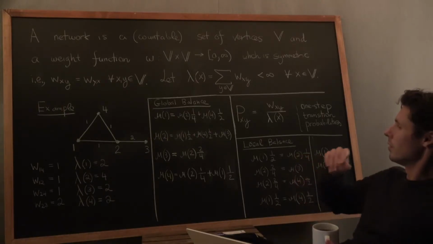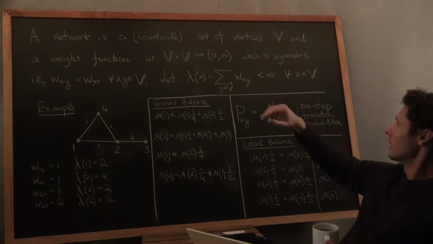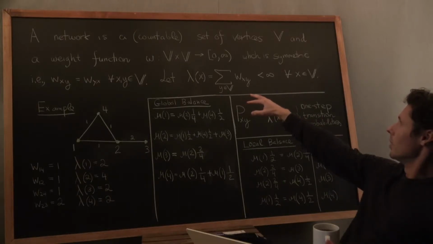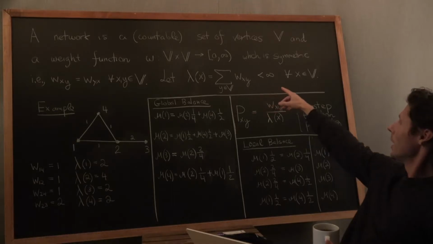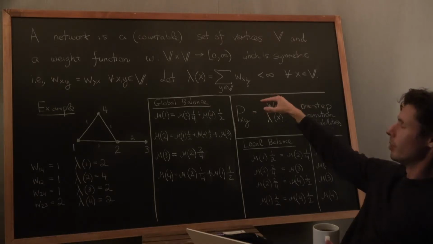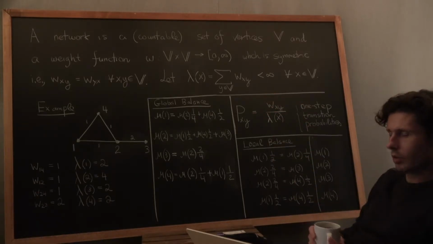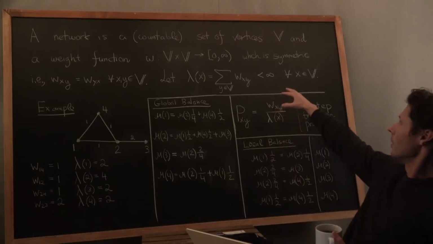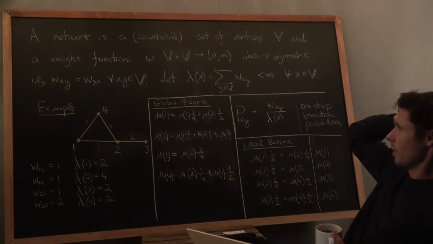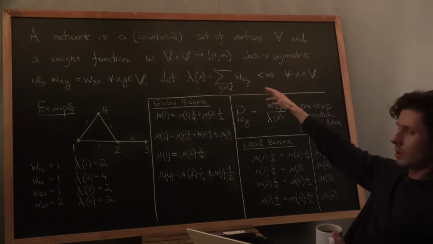So what I want to define is this function lambda, which is a sum of the weights over the second coordinate, right? So lambda_x for any vertex x is defined as the sum of the w_xy over the second coordinate, which here is y. And they're going to be finite. So it's possible that this sum doesn't converge, right?